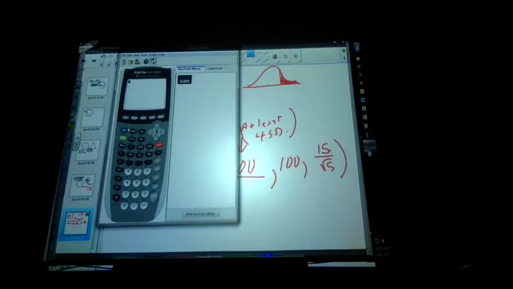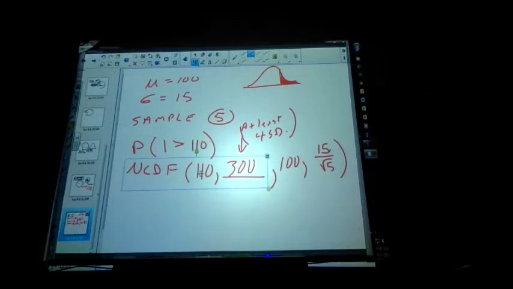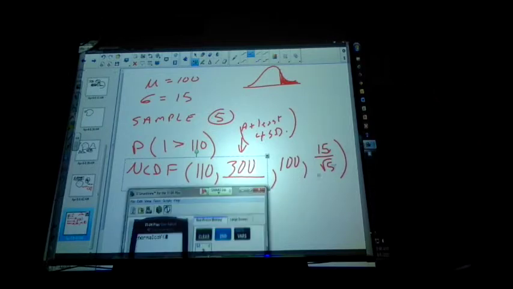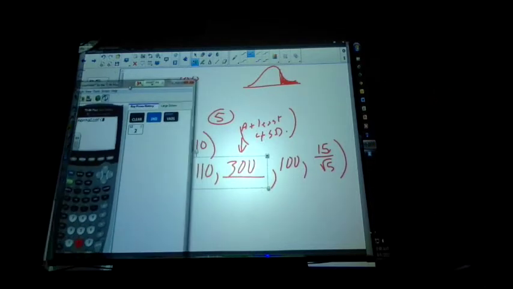All right. So to find the normal CDF, we go second vars. We're going to go normal CDF, which is number 2. Some of you might have a calculator where you plug it in as lower limit, upper limit, mean, and standard deviation. Mine allows me to just plug it in as I have it.